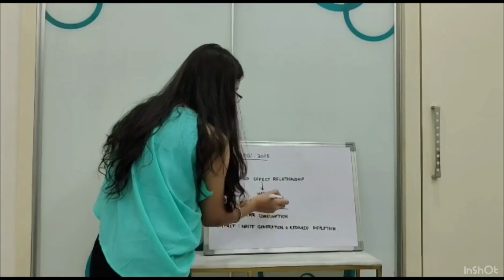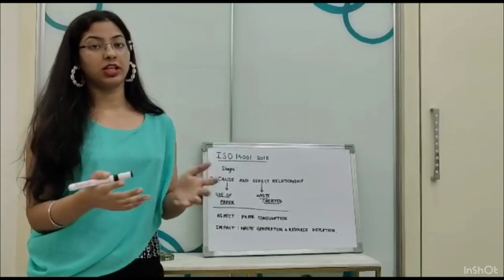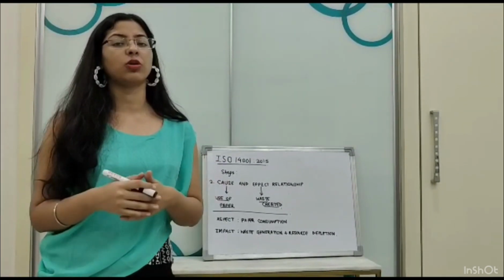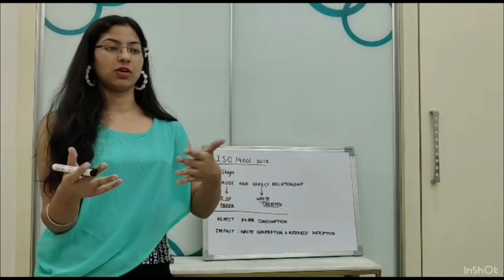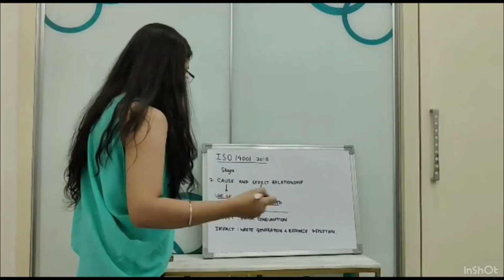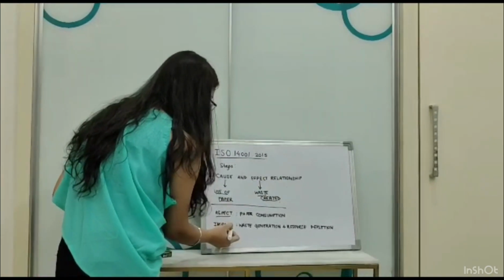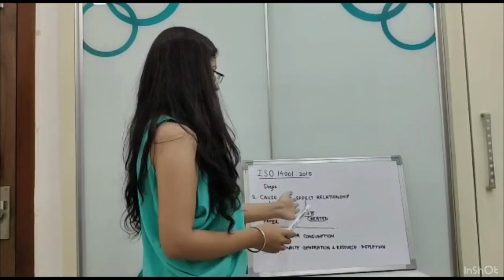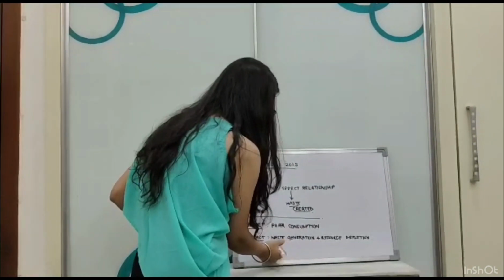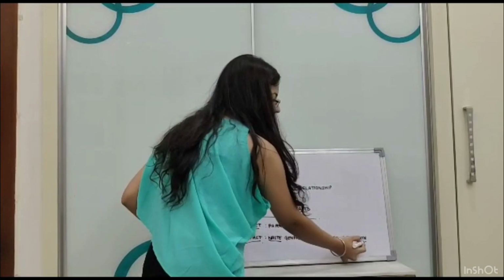So the waste could be the discarded paper materials, the papers that are thrown out in the dustbin, the outdated papers that lie on the desks, on the benches. So the aspect is the consumption of paper, and impact is the waste that is generated because of it, and also the resources that are depleted.